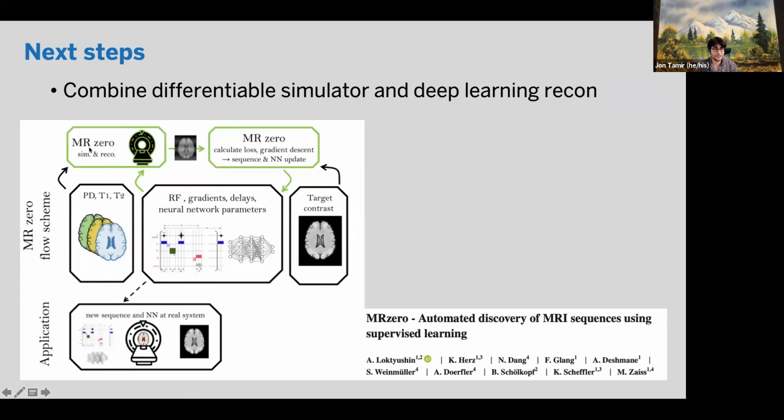So they have the simulation and reconstruction implemented that's differentiable, and then they can pass that through the simulation to get a particular contrast and then evaluate this in order to find the best scan parameters or potentially the best reconstruction as well. And so this is the direction that we're taking this work, combining it with our unrolled reconstructions.